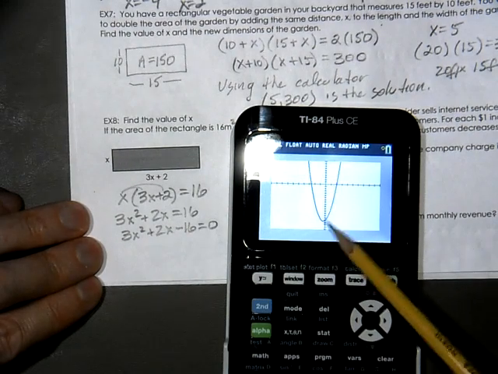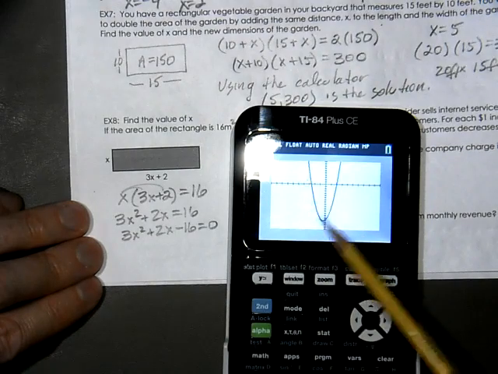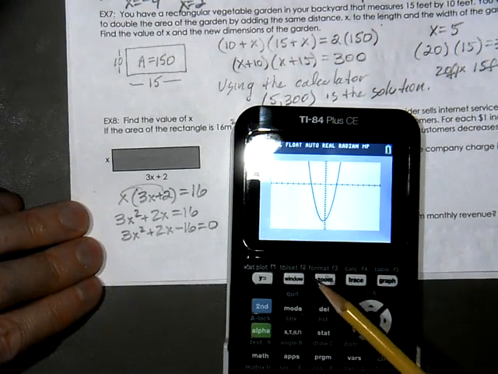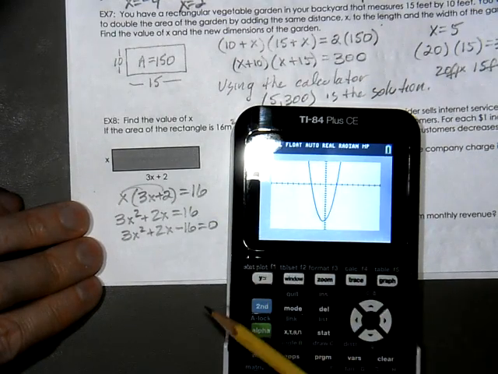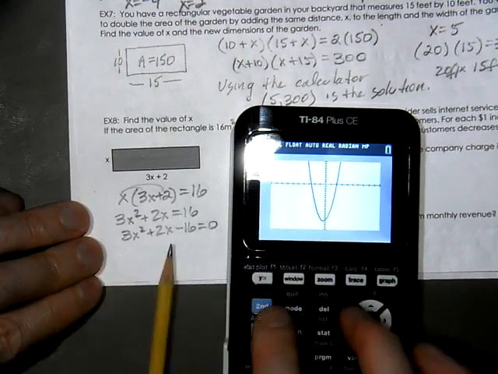And you can see I just kind of guessed at a y value, and it went down lower, and now we can see the full parabola. We're looking for two different answers. Only one answer makes sense in our problem because we can't have a negative feet in our story problem.